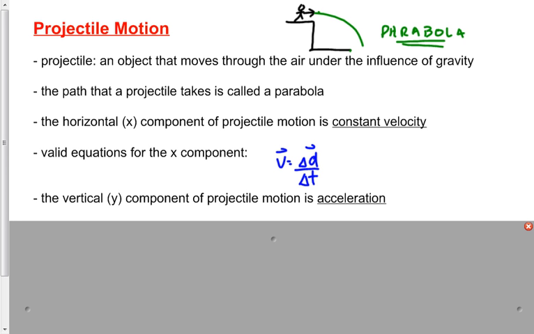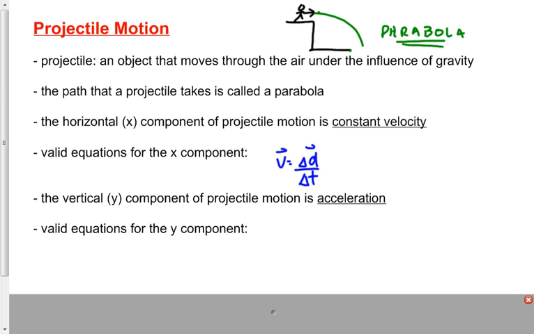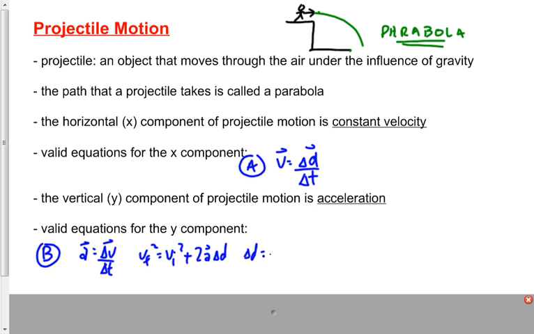When we're analyzing y, because it involves acceleration, we've got a whole bunch of options. We've got all of the group B equations. We've got a = Δv/Δt. vf² = vi² + 2ad. Δd = (vi + vf)/2 × t. d = vf·t − ½at².